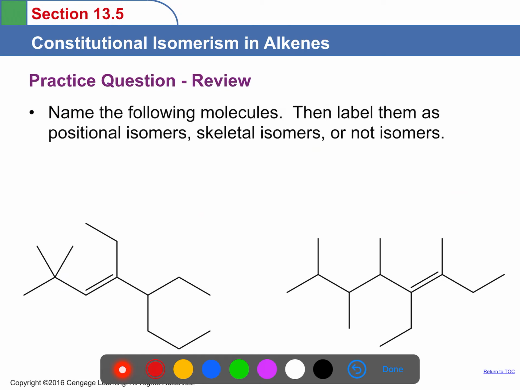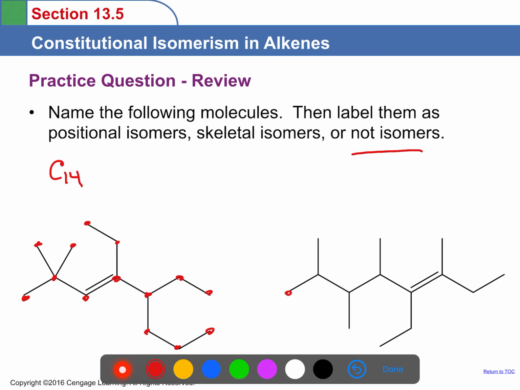Here's a couple more examples. You're given line angle structures, so take a minute to decide if these two are positional isomers, skeletal isomers, or not isomers at all. The first thing we need to check is we want to try to eliminate the not isomers by making sure our formula is the same. So let's count our carbons. We've got 1, 2, 3, 4, 5, 6, 7, 8, 9, 10, 11, 12, 13, 14.